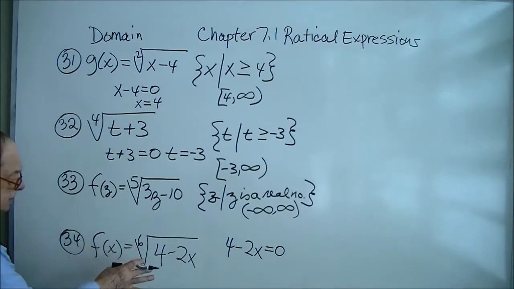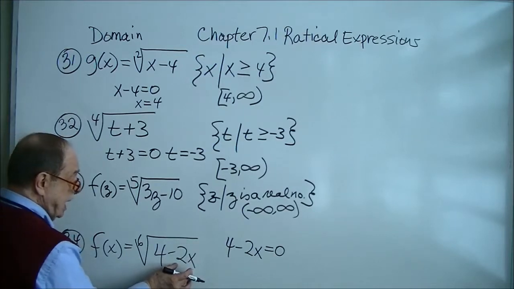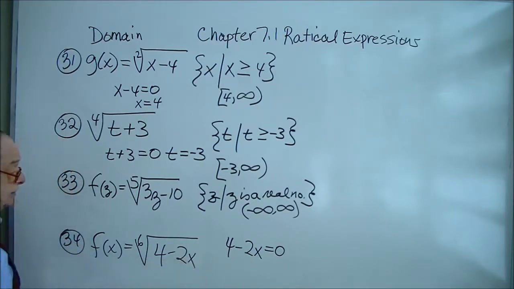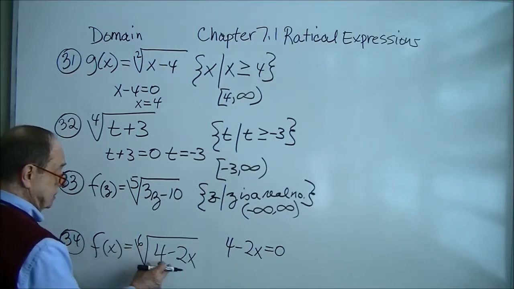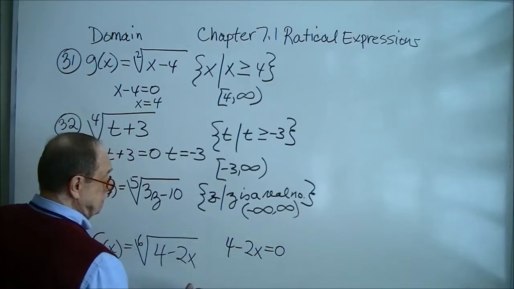Now, number 34 is a little different, because now our x, in a sense, is negative. So let's solve it the same way. It's an even index number, so we're going to equate it to 0.